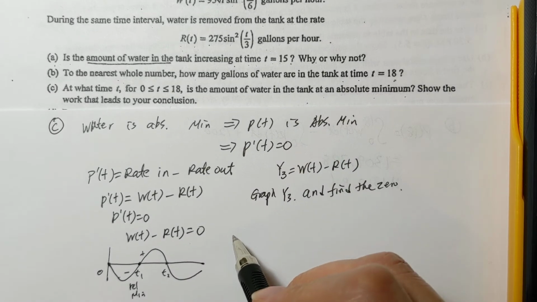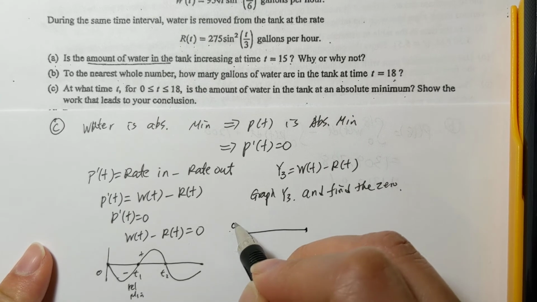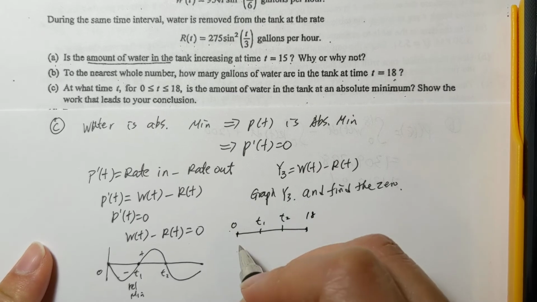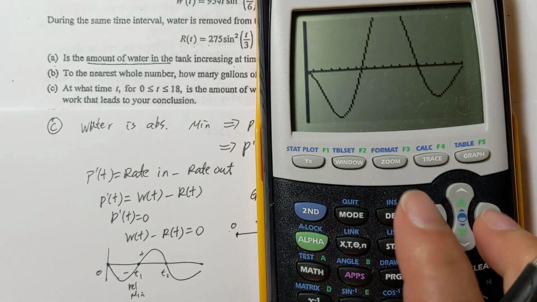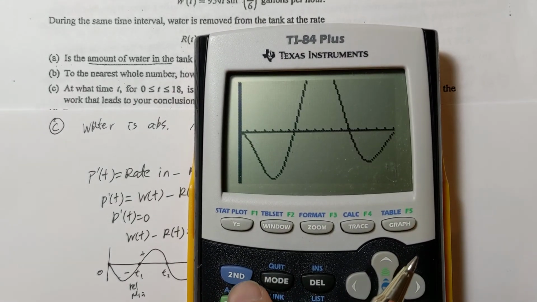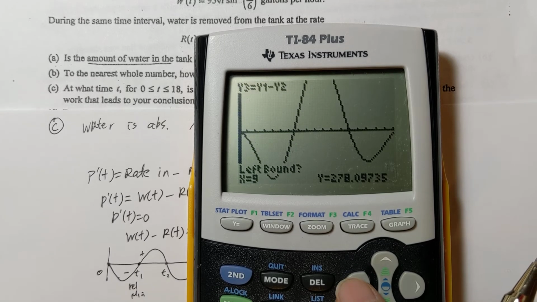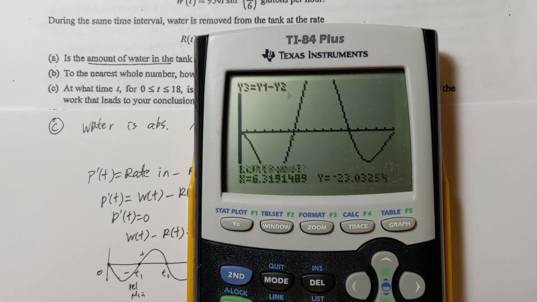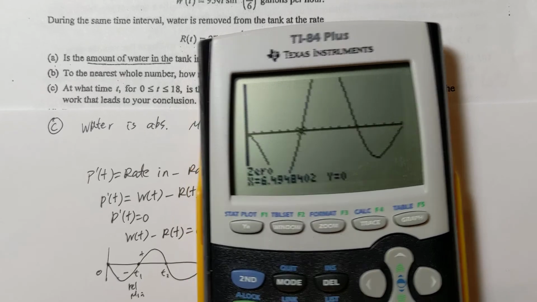So now we're going to sketch a little bit with the side chart. You get 0, T1, T2, and 18. So we're going to find out what T1 is. Second trace, 2. It's 6.4948.